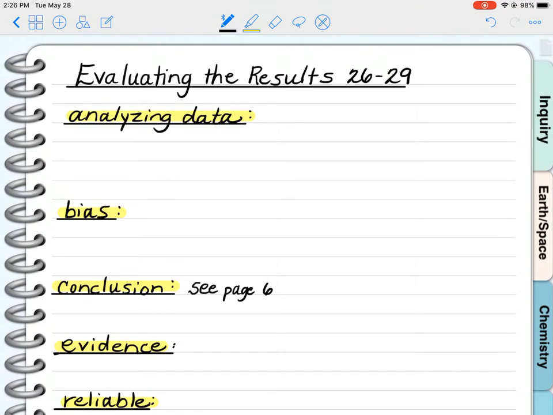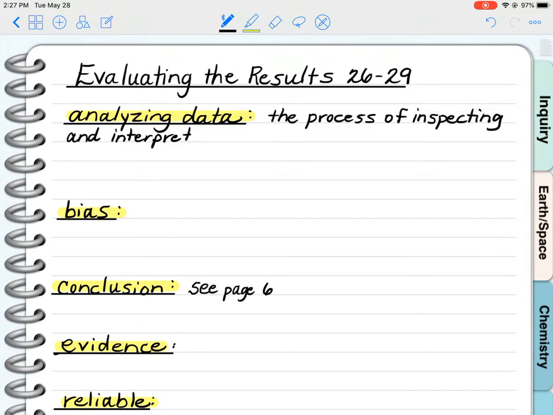Okay, analyzing data. This is the process, step by step. It is not haphazard or random, of inspecting, which is a word for studying. If you inspect something, you're looking at it very closely. Inspecting and interpreting. Interpreting means understanding or figuring out what it's saying to you. Data to discover useful information.